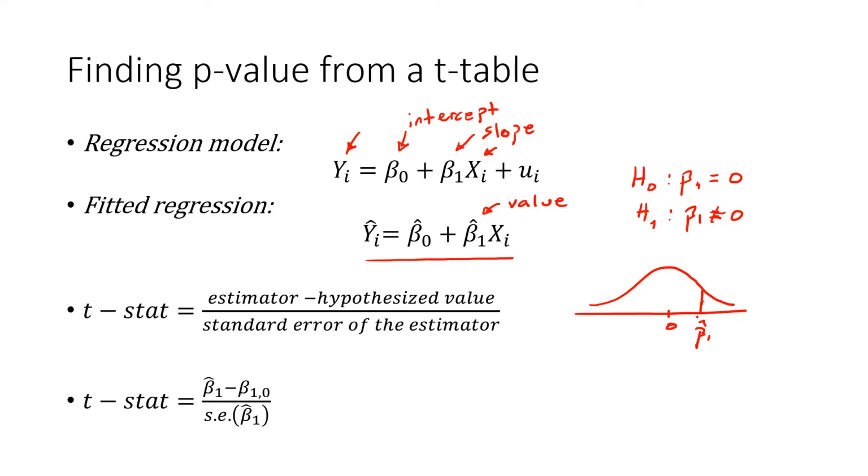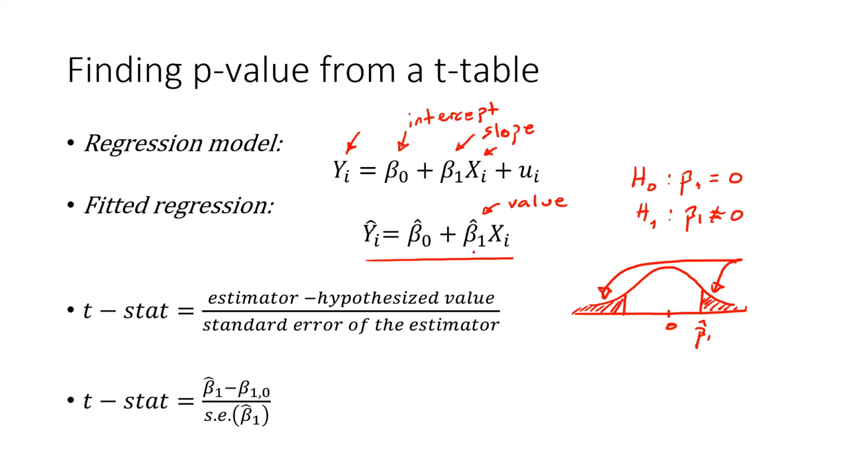And in this two-sided test, you have to find the probability in the tails, right? So the sum of these probabilities will be the probability that something more extreme than your beta hat is happening, right?